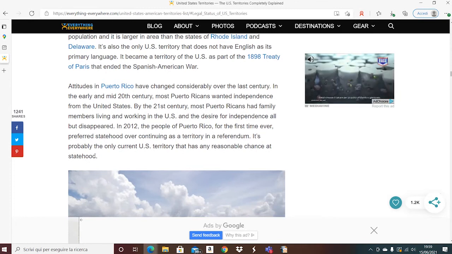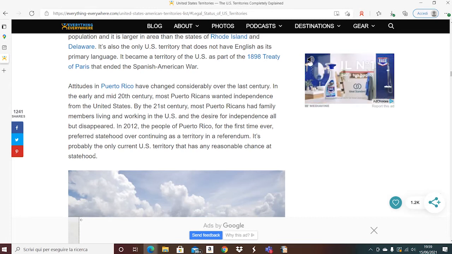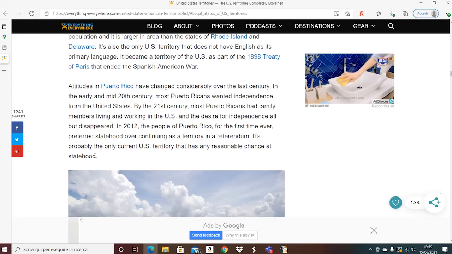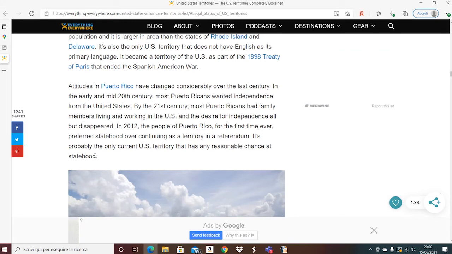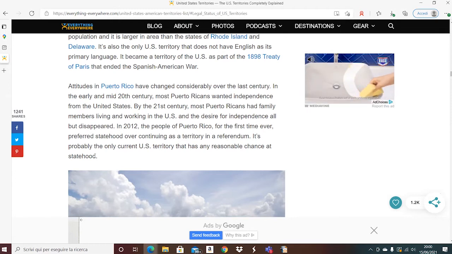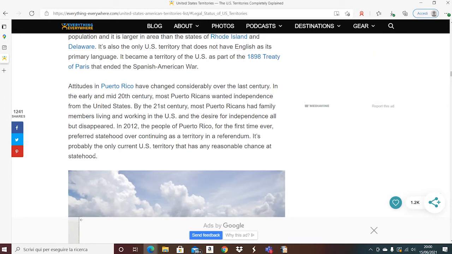By the 21st century, most Puerto Ricans had family members living and working in the US, and the desire for independence all but disappeared. In 2012, the people of Puerto Rico, for the first time ever, preferred statehood over continuing as a territory in a referendum. It's probably the only current US territory that has any reasonable chance at statehood.